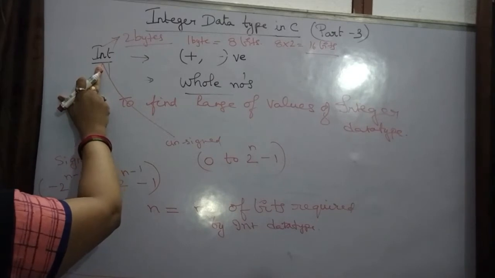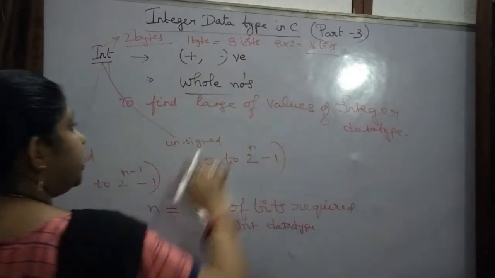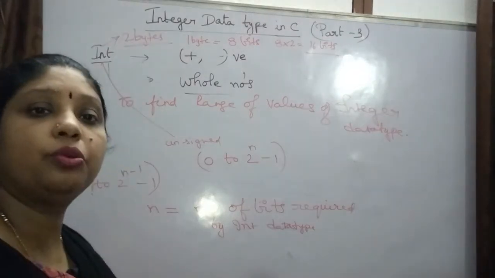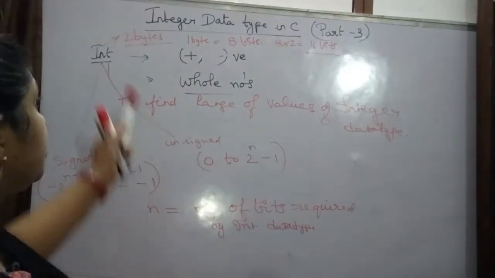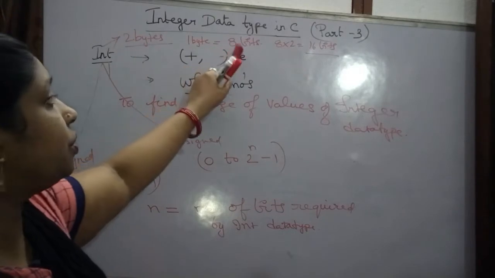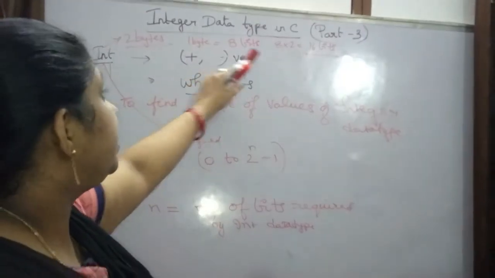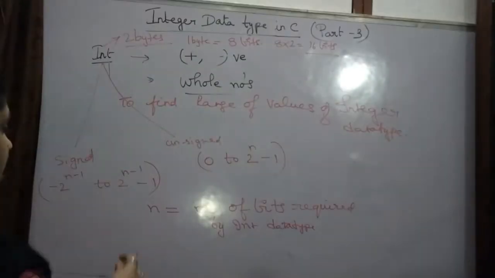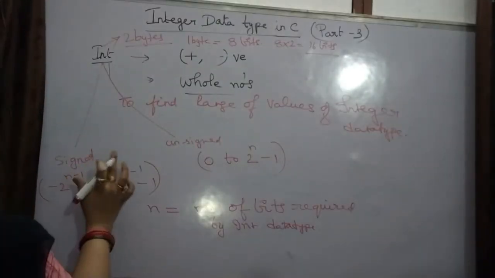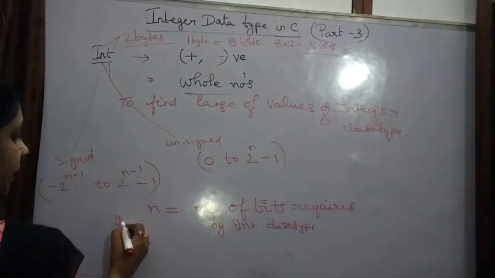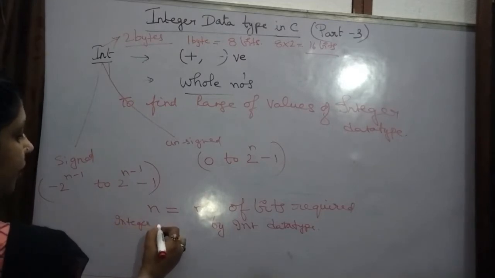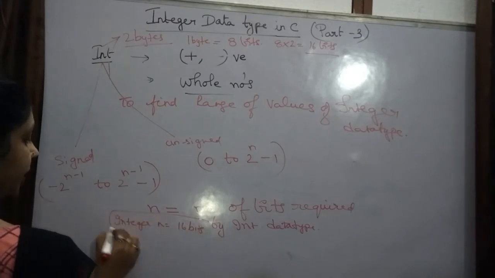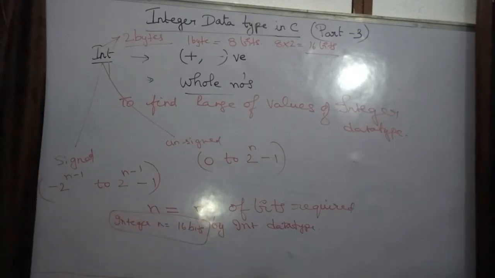So the integer data type takes 2 bytes of memory, and if you calculate, it comes to 16 bits. Now this n, for the integer data type, is equal to 16 bits.